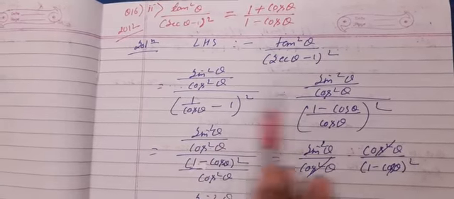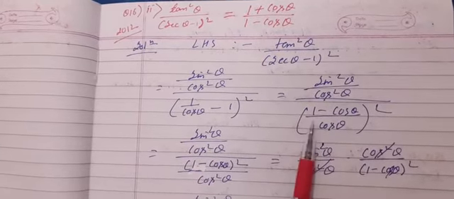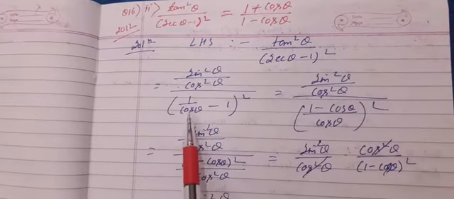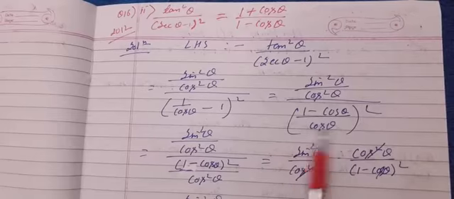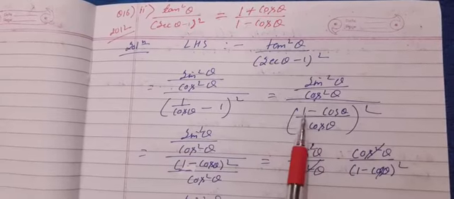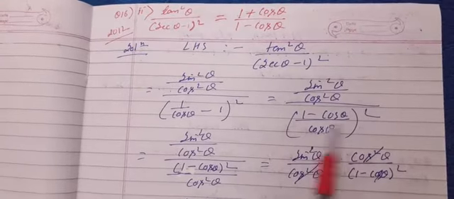Okay, just copied sin square theta upon cos square theta because we need to solve the denominator part. We have to subtract 1 by cos theta minus 1, so the LCM will be cos theta, and here is 1 minus cos theta, whole bracket, and there is a square sign.